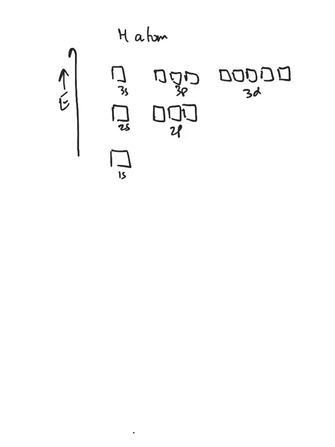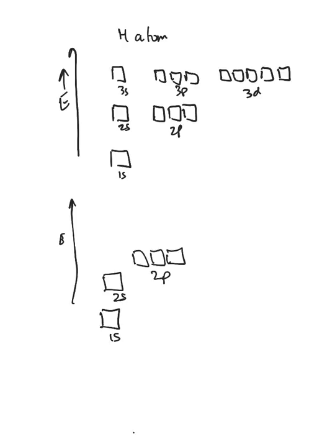Now, if we put these into a many-electron system, anything other than hydrogen, these energy levels are going to split further. Our lowest energy will be the 1s, then the 2s, and then the 2p's will be a little bit higher in energy. Then will come the 3s, and the 3p's.